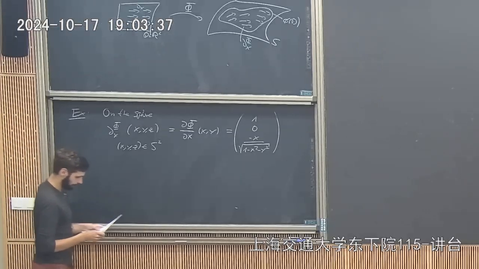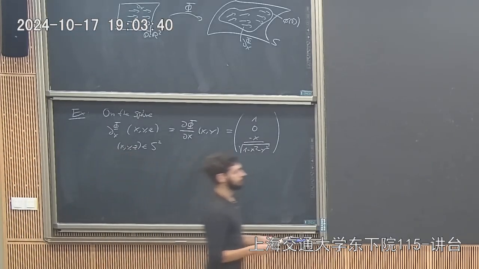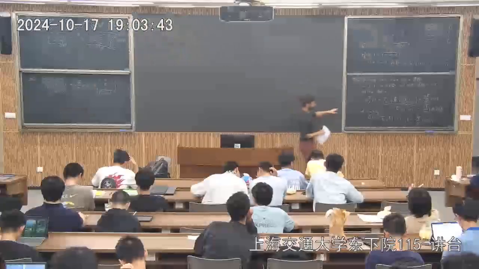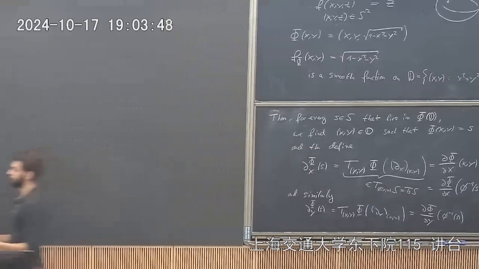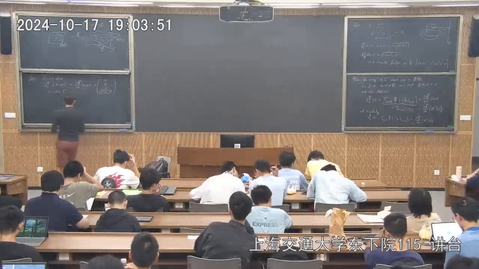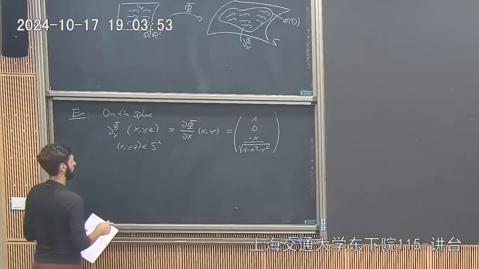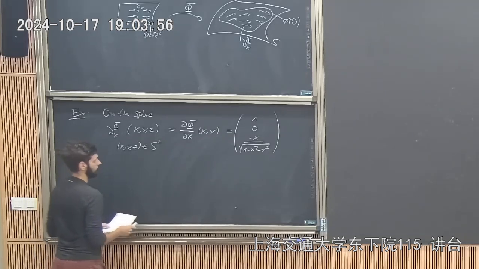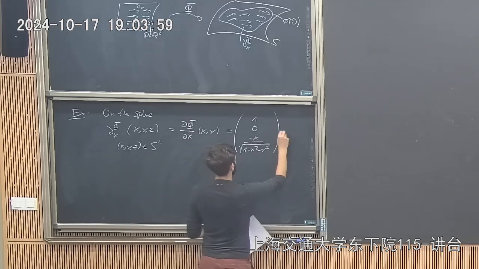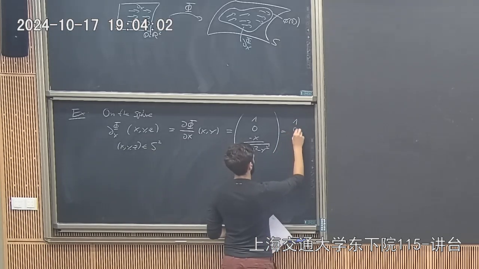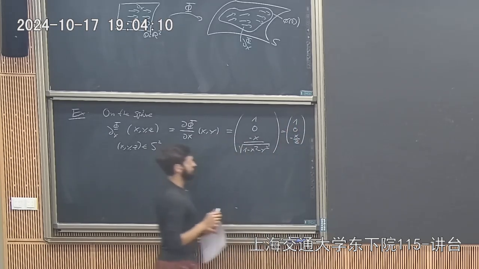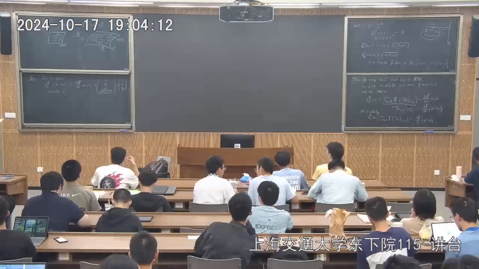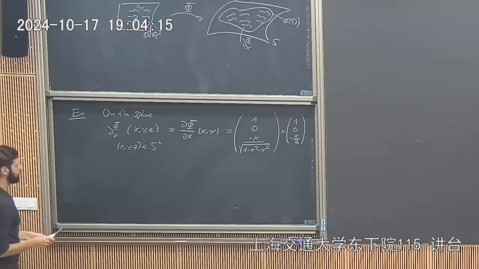So maybe a check is needed that it's really, as I claimed here, an element of the tangent space of S. So far we only got a vector. So let's double check that it's really a tangent space vector. Maybe the simplest way to see this is that we can write this as (1, 0, minus x over z), because this expression downstairs we can express again in terms of z.